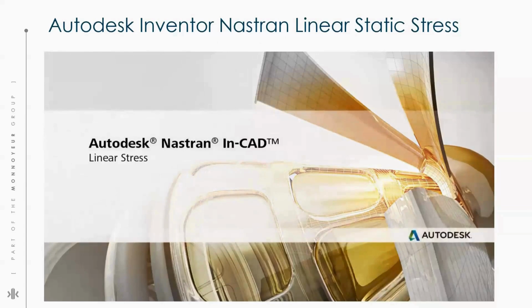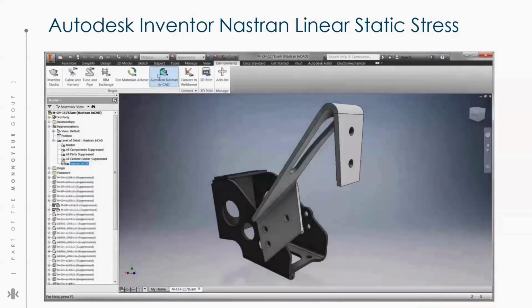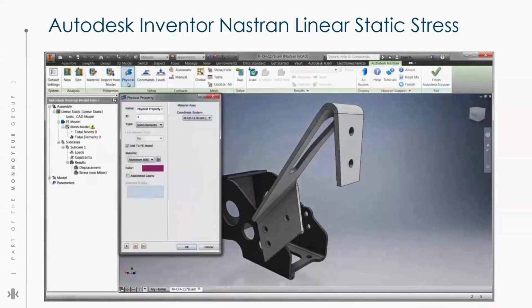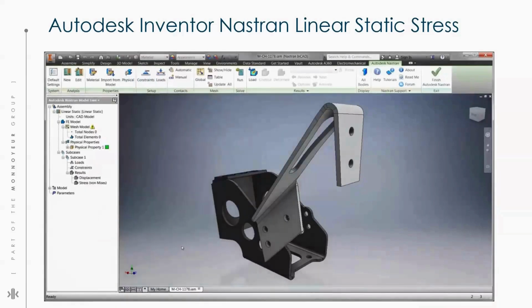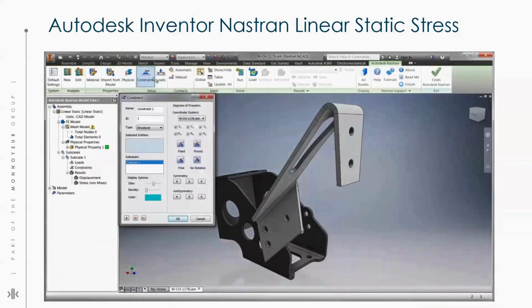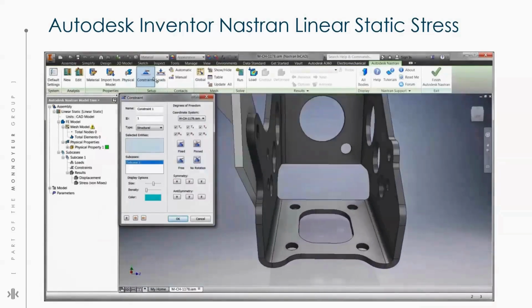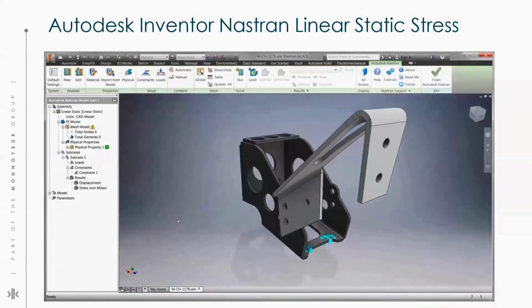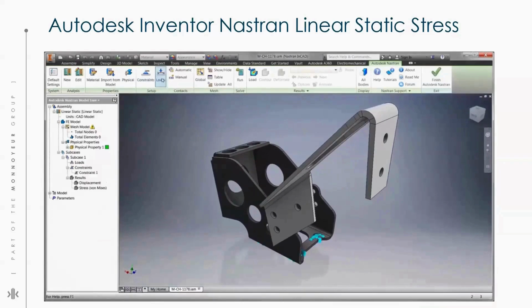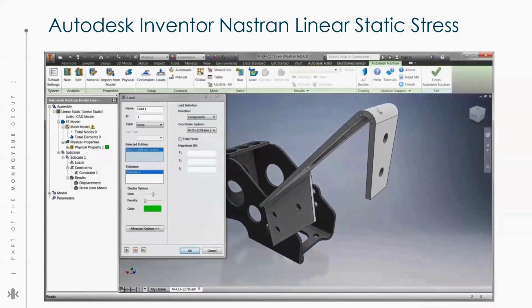I'm showcasing the Inventor Nastran linear static stress analysis, how we can perform it in the software. To create the linear static stress analysis, we have to assign the boundary conditions, and then define where you want to apply the load.